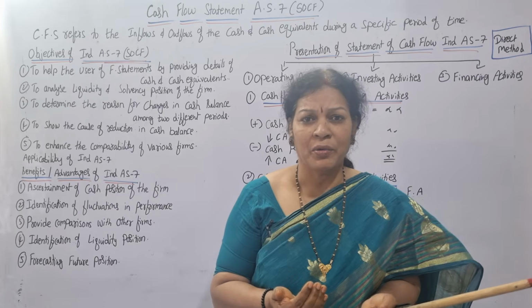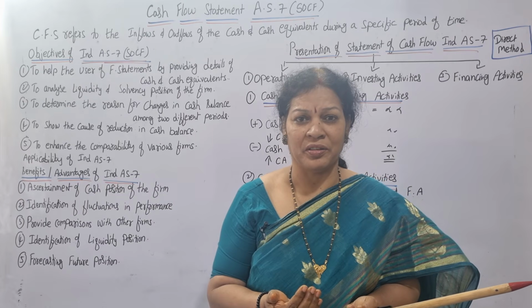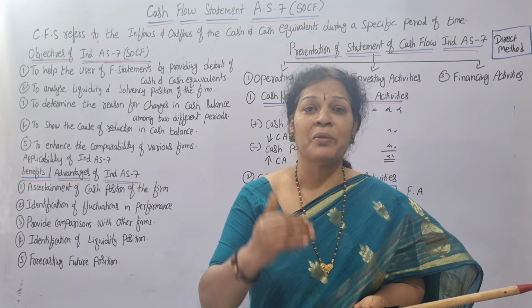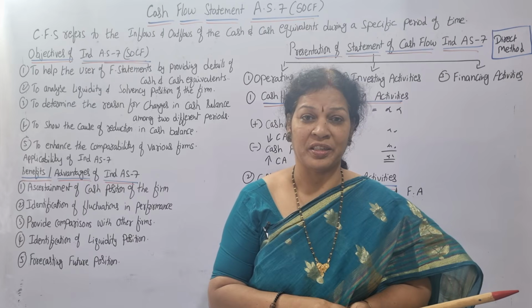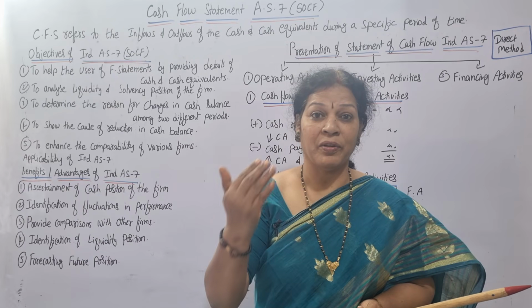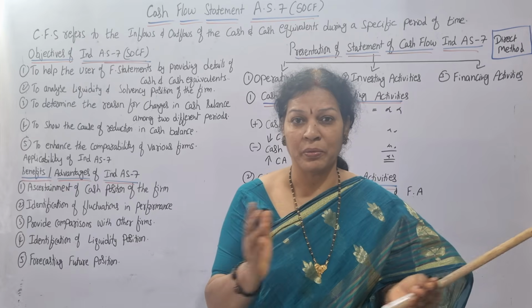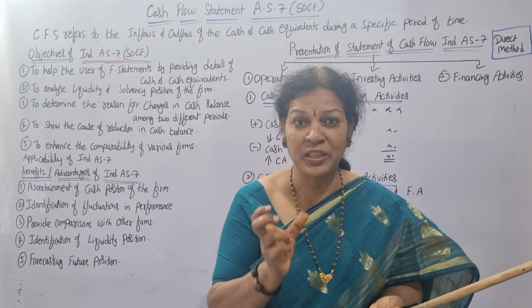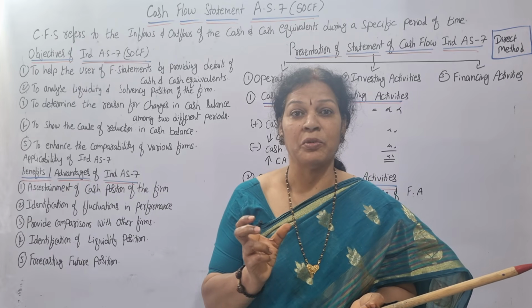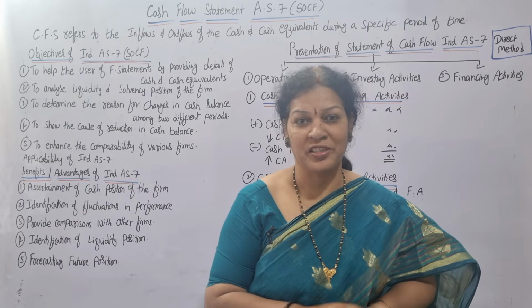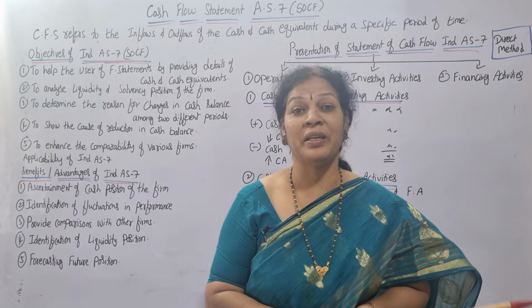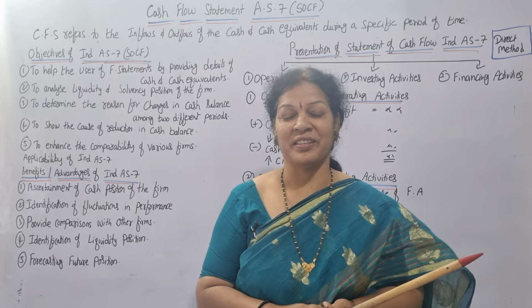Inflow means what we are getting inside the organization. Outflow means what we are spending outside. Cash inflow, cash outflow, and cash liquidity position, all these things we won't know through the financial statements. That is the reason we are preparing the cash flow statement.